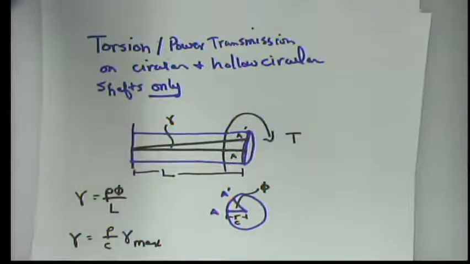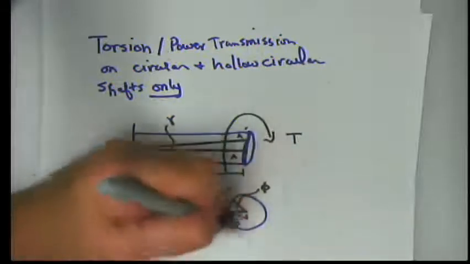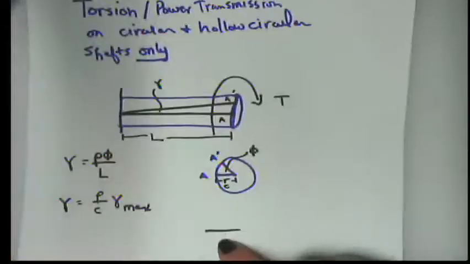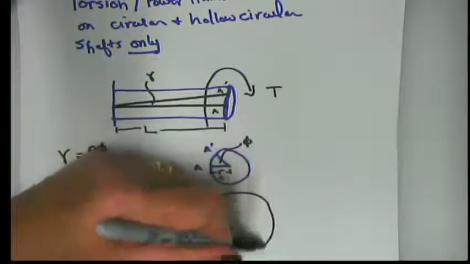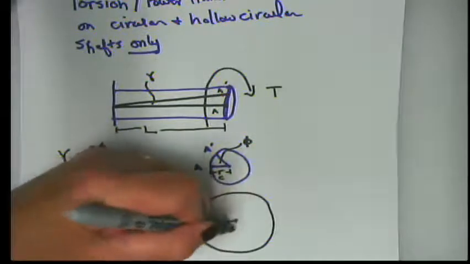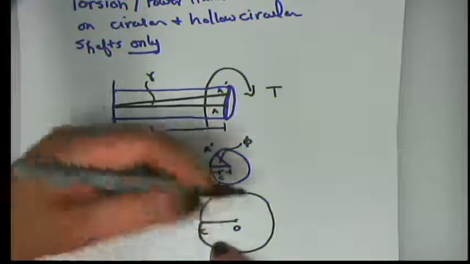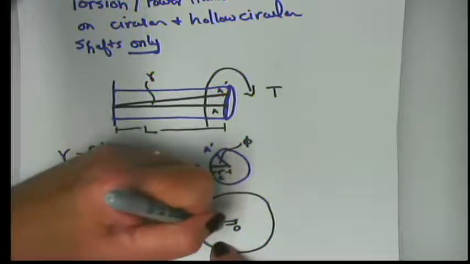Okay? Now, when we talk about rho, this is really the important thing from this discussion. When we look at the radius of this circle, here to here, 0 to C, everywhere in between is rho.